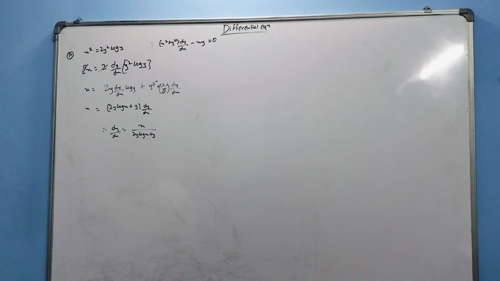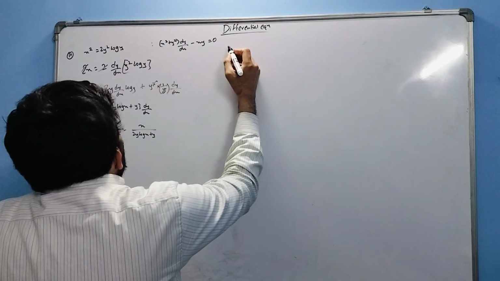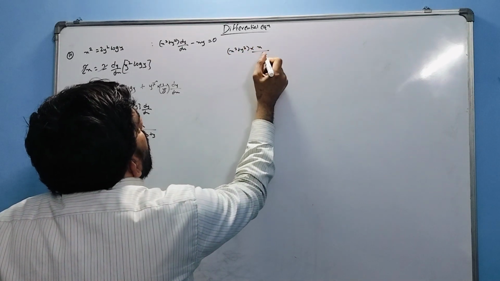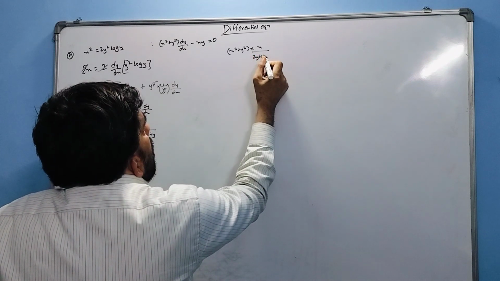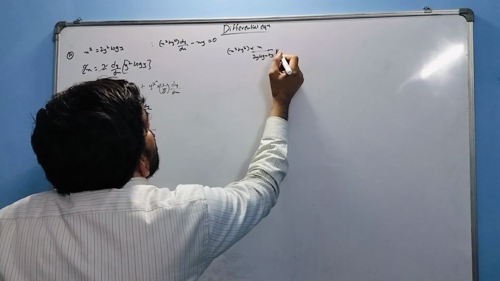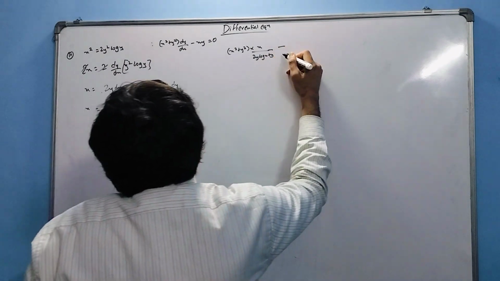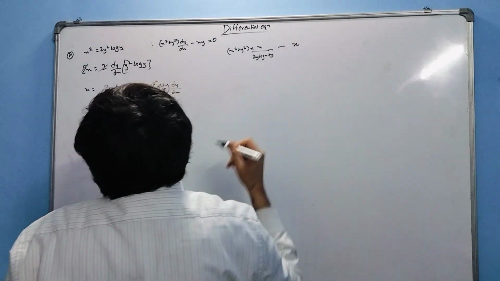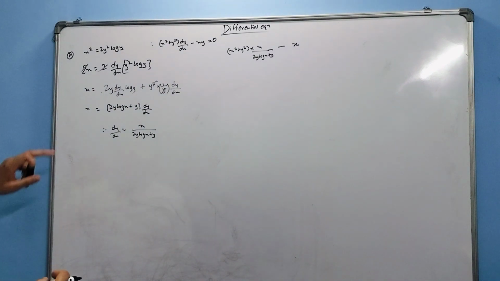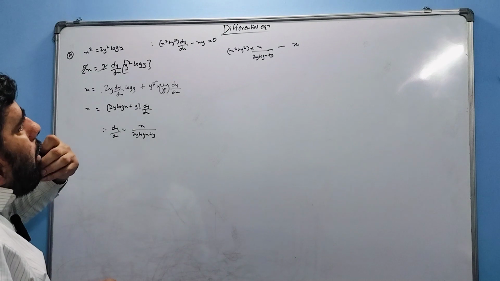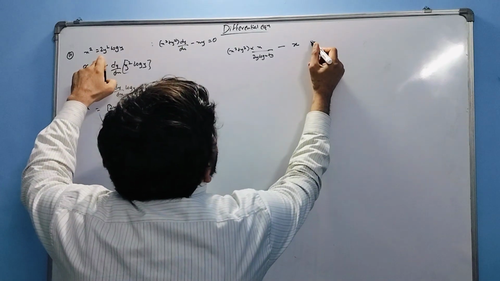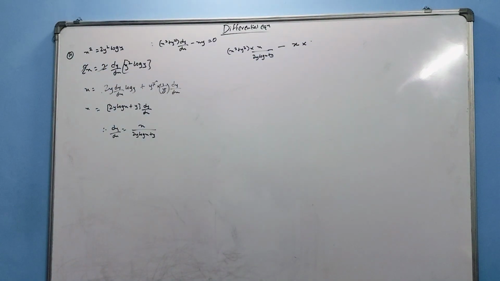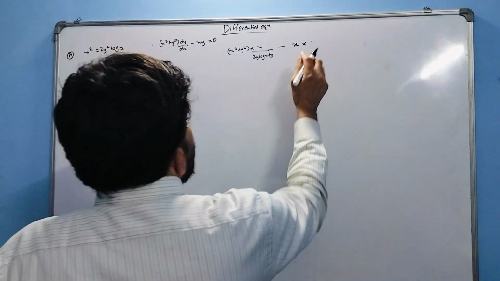Now let us put this in. I get x square plus y square into x upon 2y log y plus y, minus x into y. Leave the xy as it is.